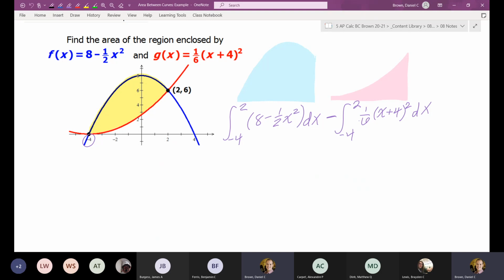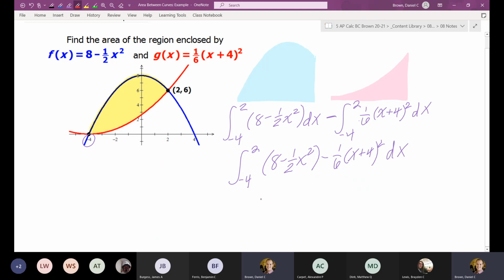Those integrals have the same bounds, so we'll often just write that as one big integral. So an equivalent answer would be from -4 to 2, this function's area minus the other function's area with respect to dx.